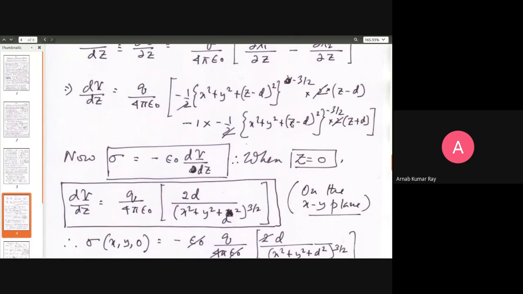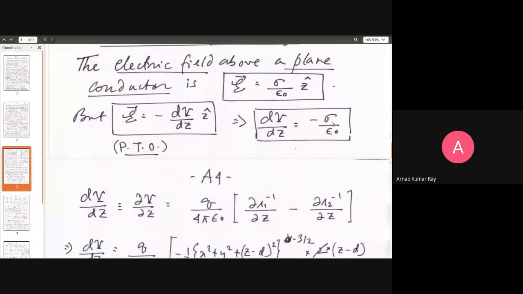Here, again, z is equal to 0, x squared plus y squared, z plus d will just be plus d squared. So x squared plus y squared plus d squared raised to 3 half. Z is 0 here, it will be another d. Now, sigma is equal to minus epsilon naught dV dz. We are getting it from here.